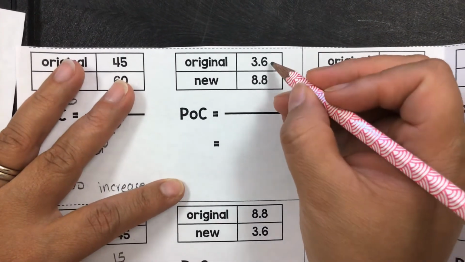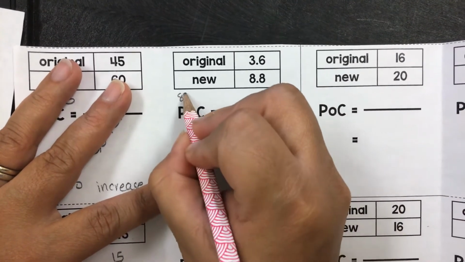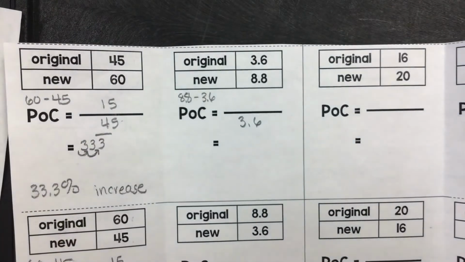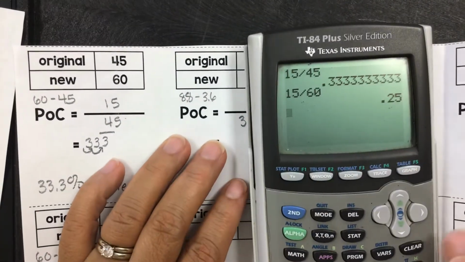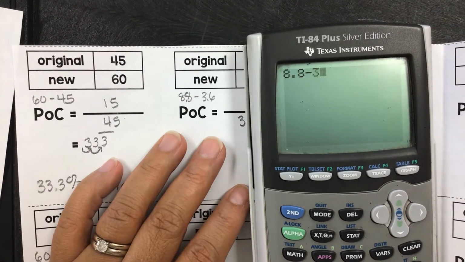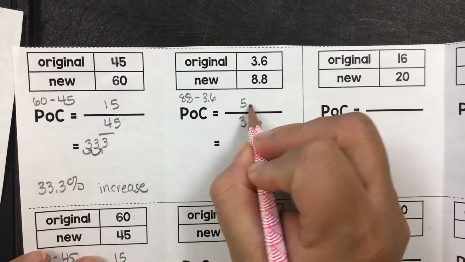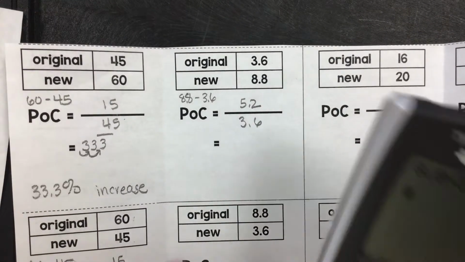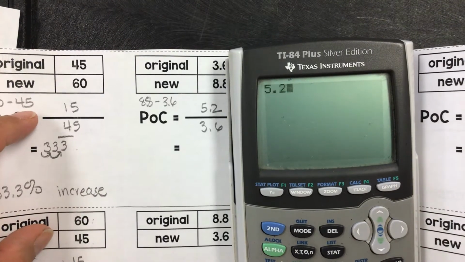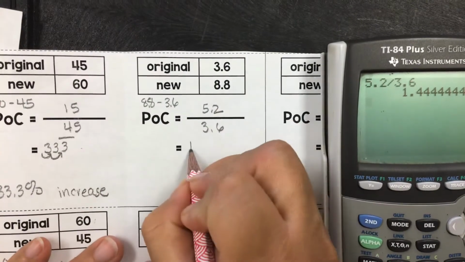For these two numbers, the original is 3.6, so we put that as the denominator. The numerator is the difference between the big number minus the small number. And it doesn't really matter which one was the original, we're just trying to get the difference between them, or the change. So 8.8 minus 3.6 is 5.2. Now we're going to divide those two numbers. We have 5.2 divided by 3.6. We have 1.4 repeating.